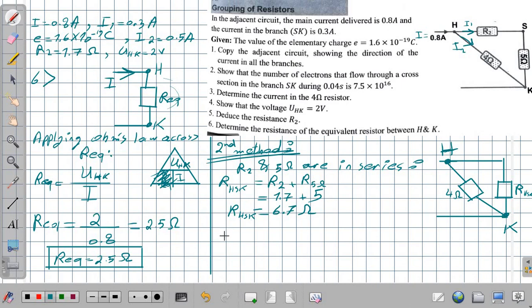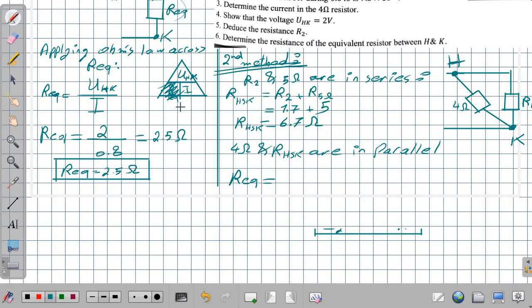So 4 ohm and the RHSK are in parallel وبالتالي حنكتب ال R equivalent هن نضربهم على جمعهم. 4 times 6.7 على 4 plus 6.7. Finally we'll get the same answer.